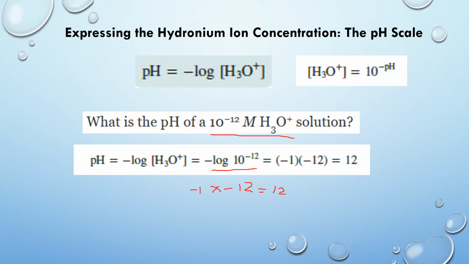So the pH is equal to 12. If you know the pH and you want to calculate the concentration of a proton, the proton concentration is going to be equal to 10 to the negative pH. For example, if the pH of the solution is equal to 5, that means the proton concentration is going to be equal to 10 to the negative 5.